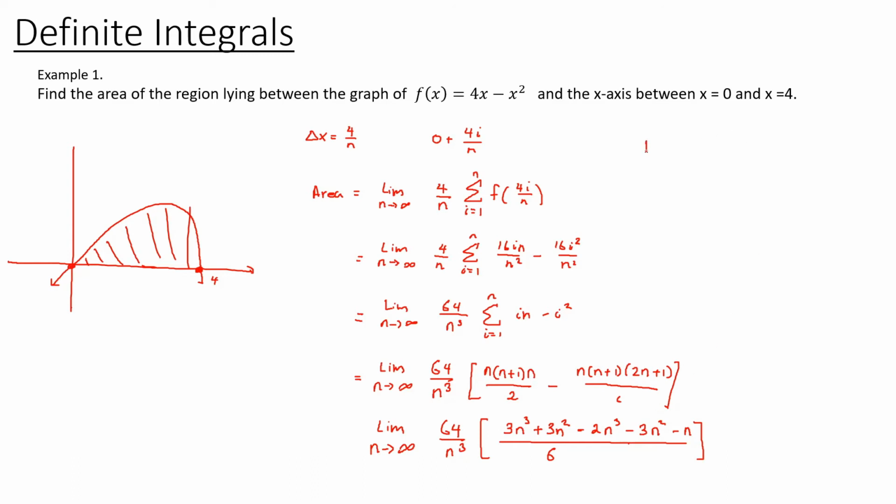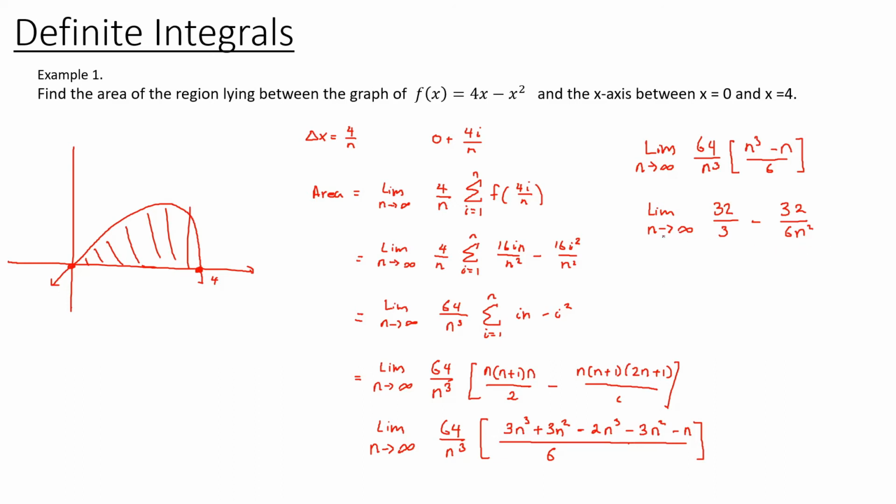So now we have the limit as n approaches infinity of 64 over n to the third times n to the third minus n over 6. And we have the limit as n approaches infinity of 32 over 3 minus 32 over 6n squared.